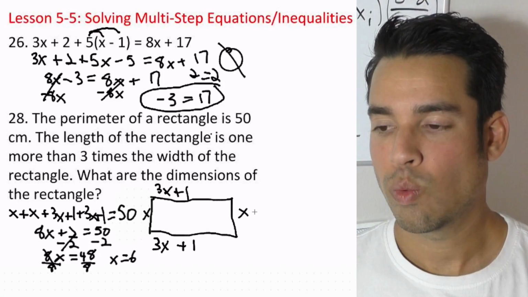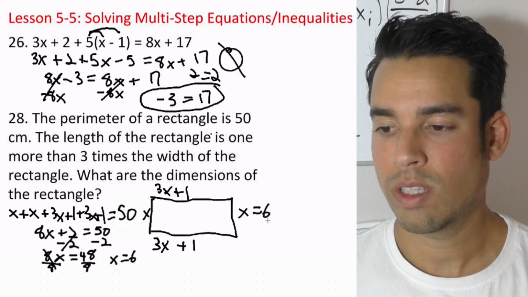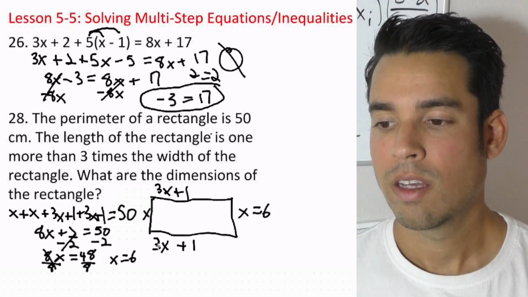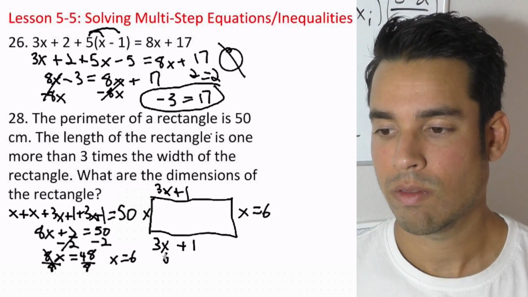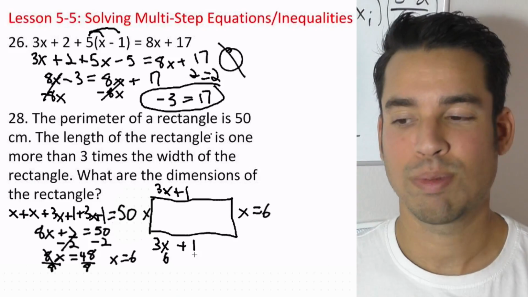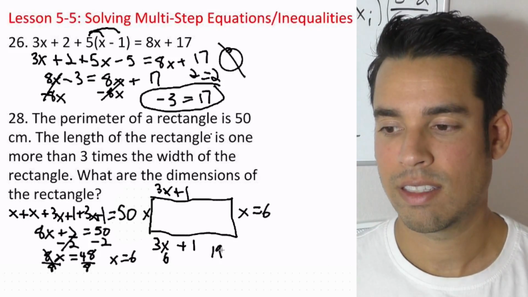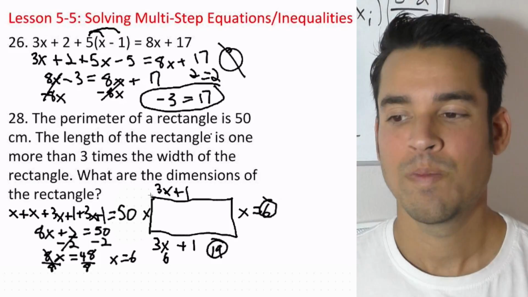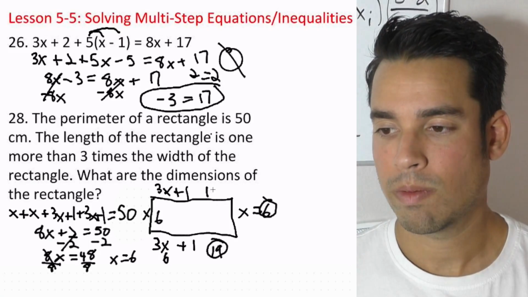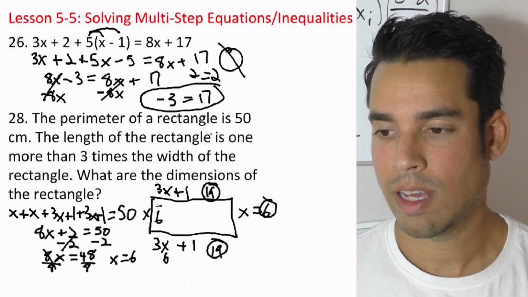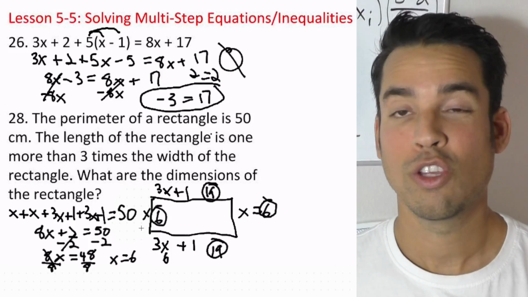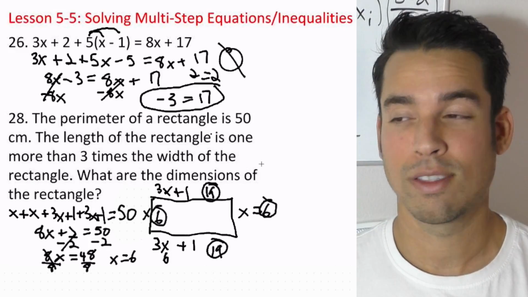So the width is 6, and if the width is 6, we plug 6 in here. 3 times 6 is 18 plus 1 is 19. So the dimensions are 6 and 19, and if you add them all up, 19 plus 19 plus 6 plus 6, you get 50, so you know this is right.